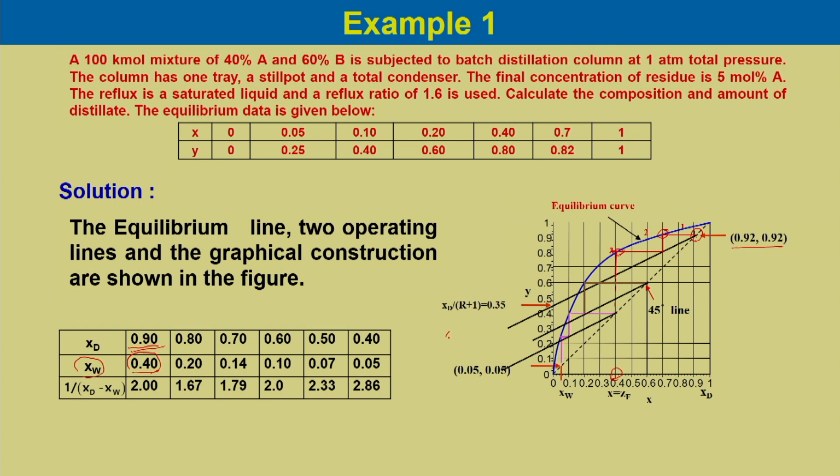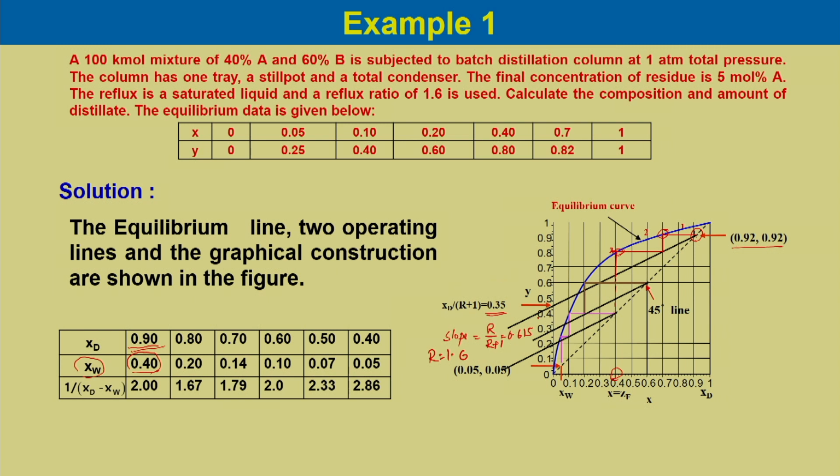So, slope is equal to R by R plus 1, which is 0.615, because R is equal to 1.6, and if xd is 0.92, the intercept is 0.35, that is xd by R plus 1.